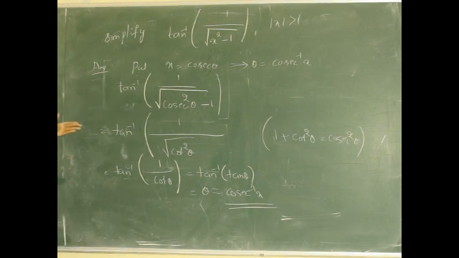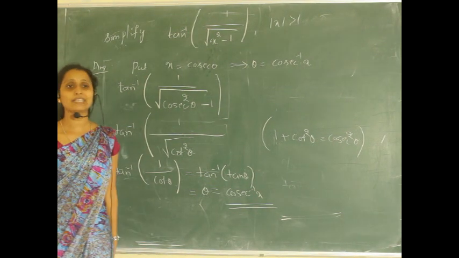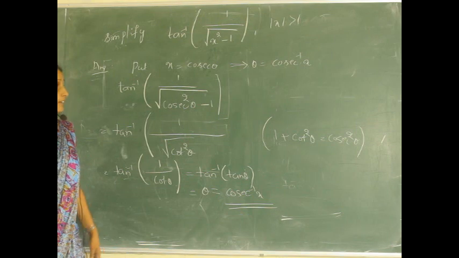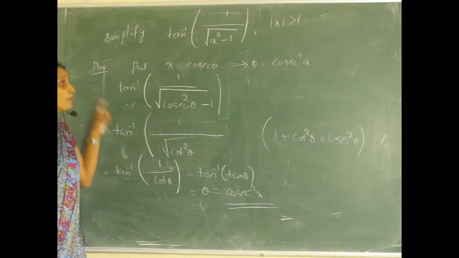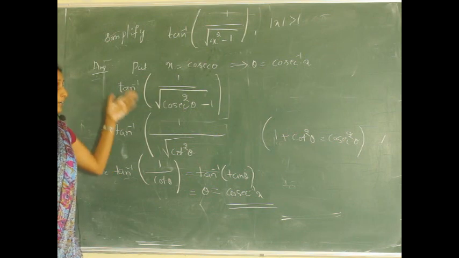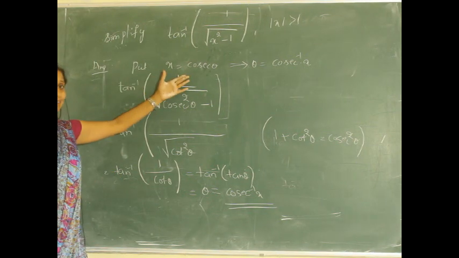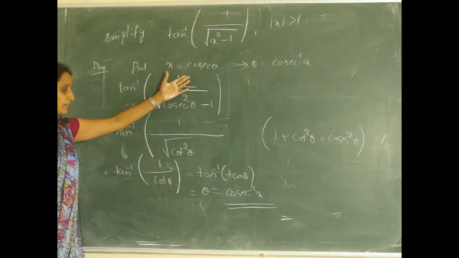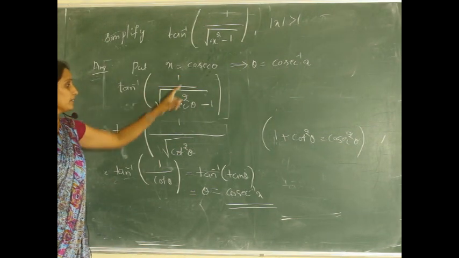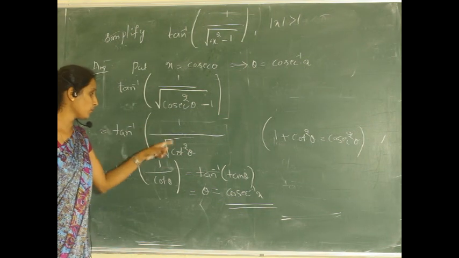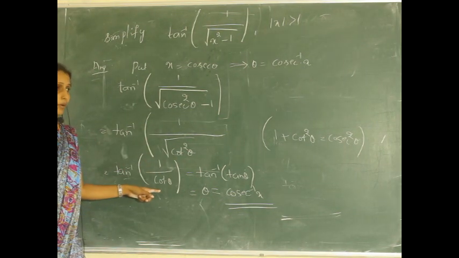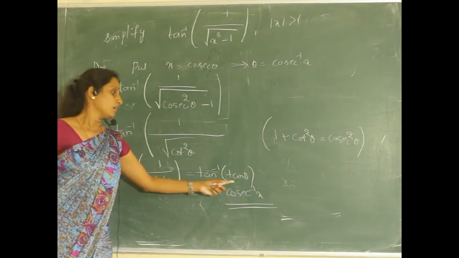So this problem we can also simplify by taking x is equal to secant theta. It is not compulsory that you have to take x equal to cosec theta. You can take x is equal to secant theta also. Try to solve that and get the answer. When you take secant theta, it becomes secant square theta minus 1, so it becomes 1 by tan theta, which is cot theta.